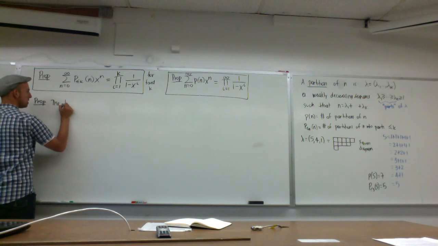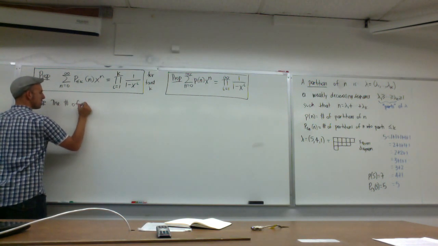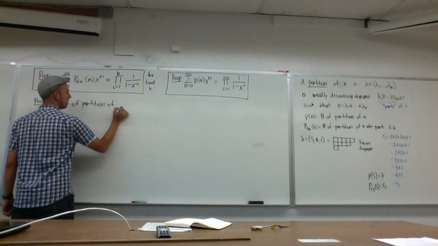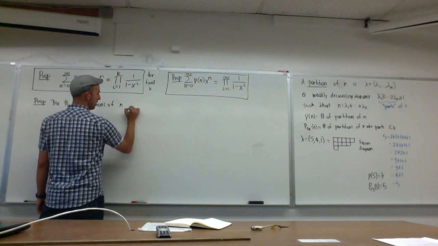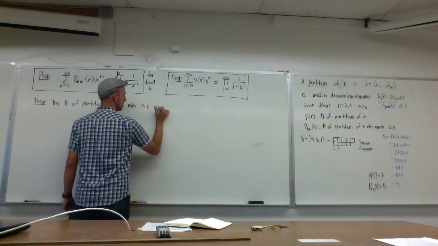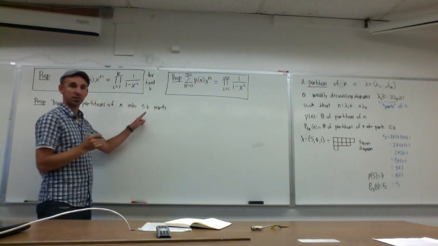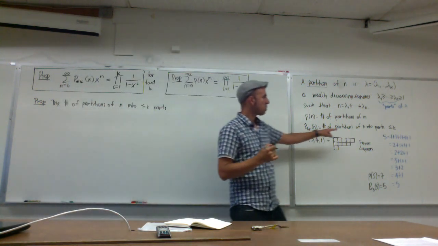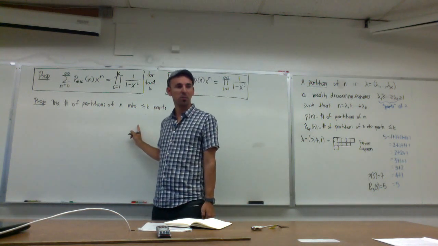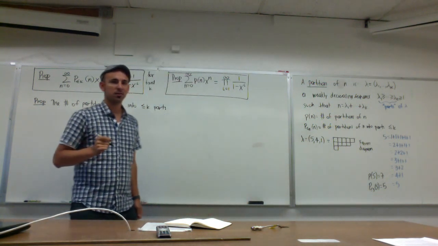The number of partitions of n into at most k parts. Notice this is different. Here the parts should be less than or equal to k, and here there should be at most k parts. Different things.